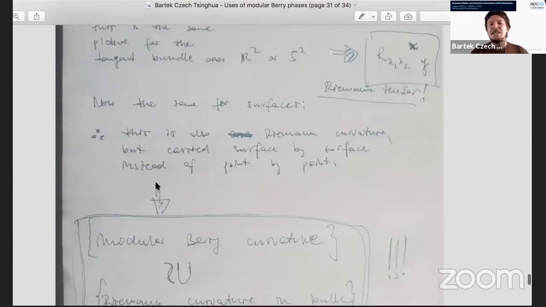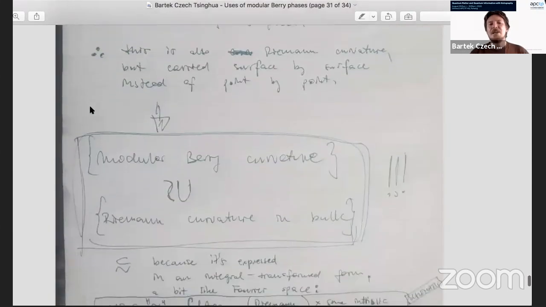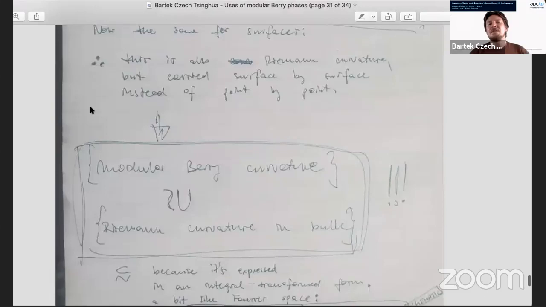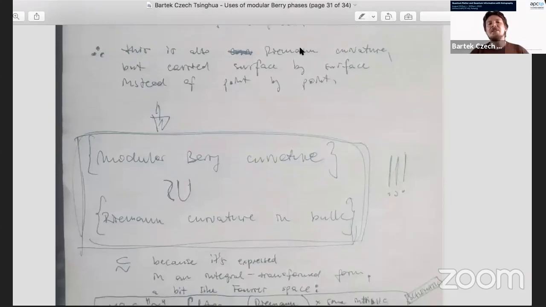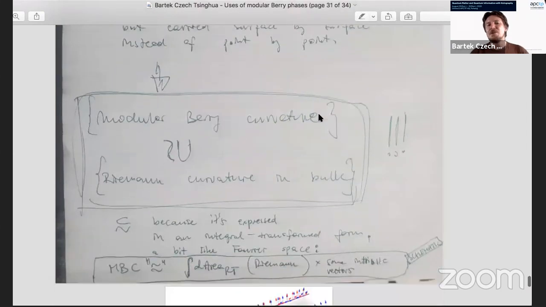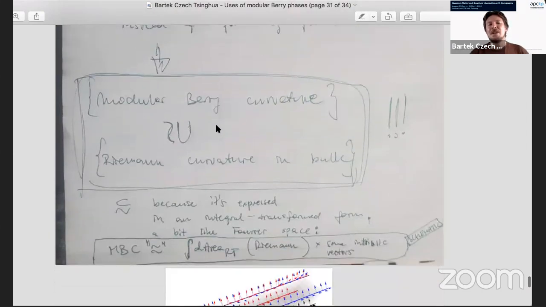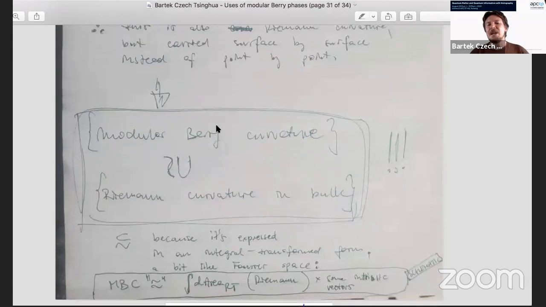And so this is the statement that I had before: the curvature of the Berry connection is almost like Riemann curvature, except that it is carried surface by surface instead of point by point. So really, we should think of the Berry curvature as some kind of an integral transform of Riemann curvature. The integral transform basically integrates the Riemann curvature along the area of the RT surface.